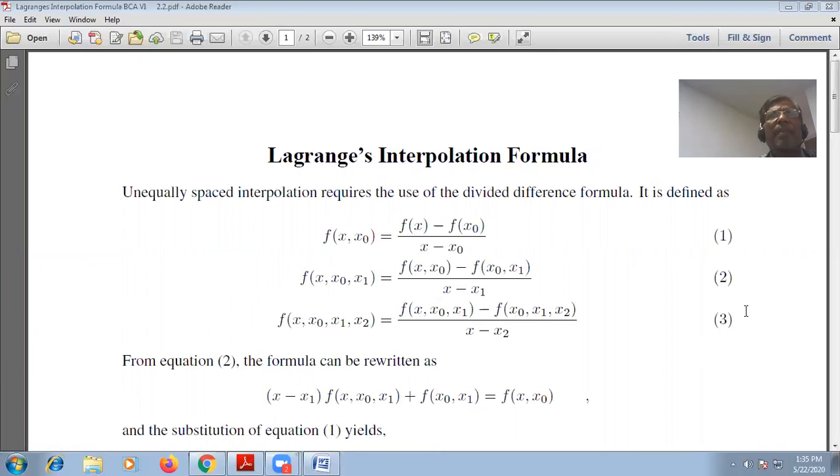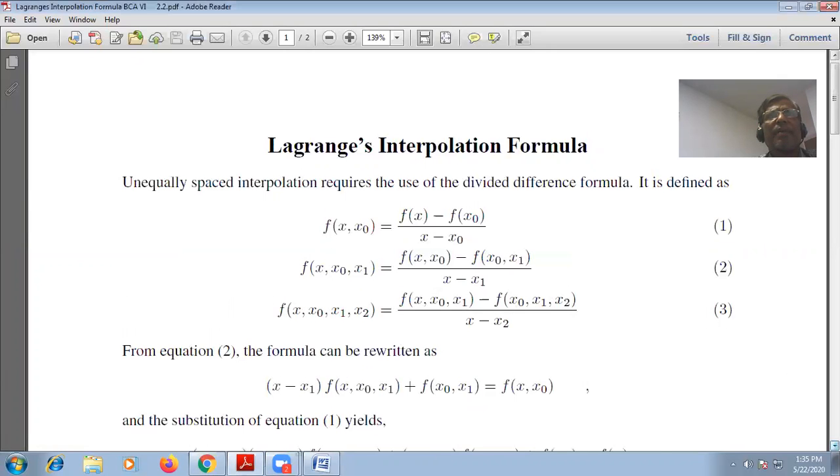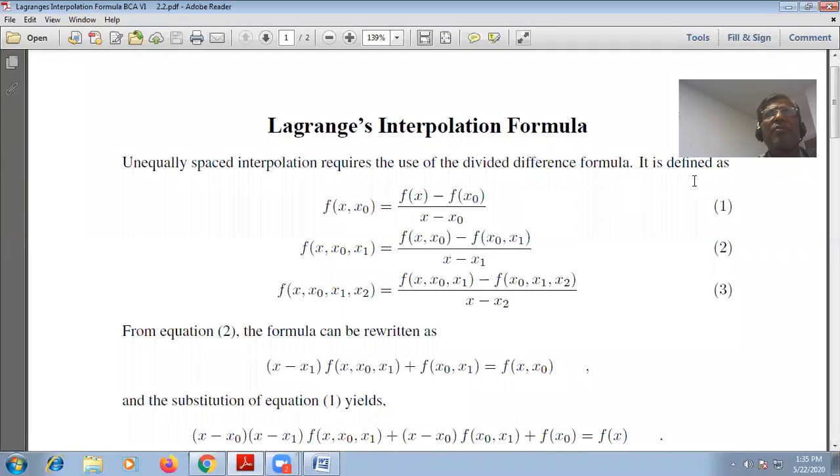Now come on equation 1. Multiply by cross multiplication, means this term will be multiplied to this term. This denominator term will be multiplied by f of x, x naught.